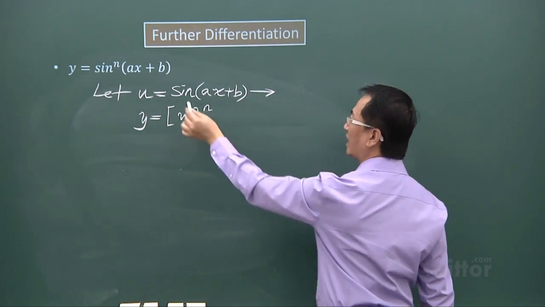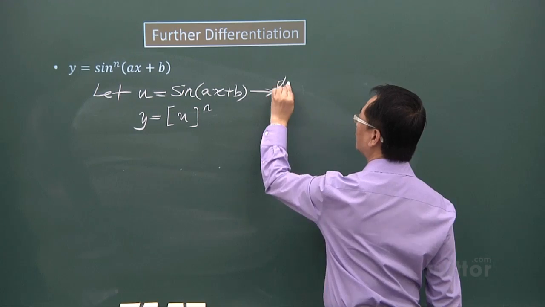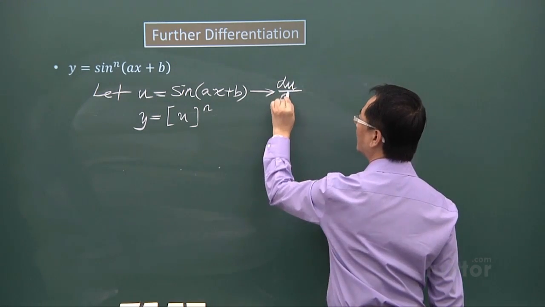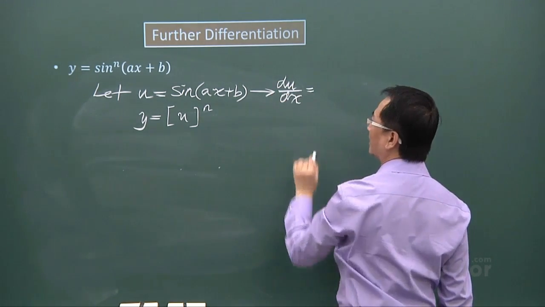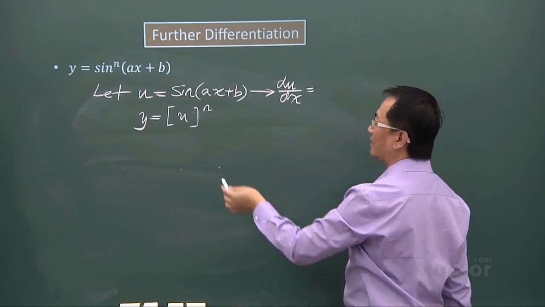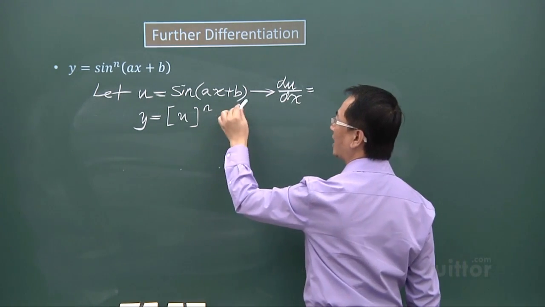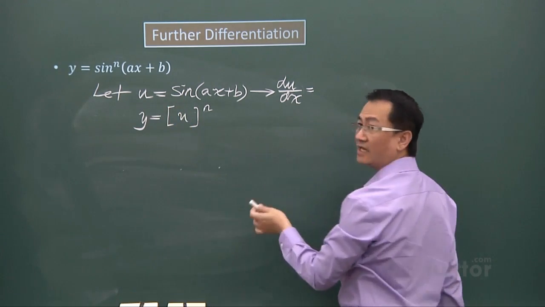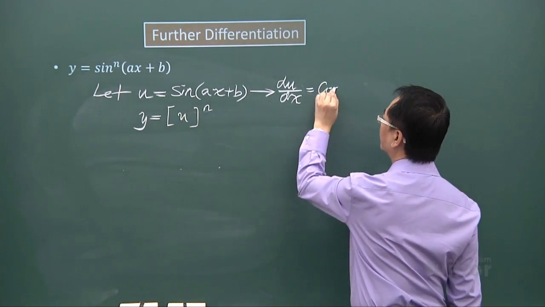When I differentiate this, I have du over dx. Now, if I differentiate sine, I get cos.